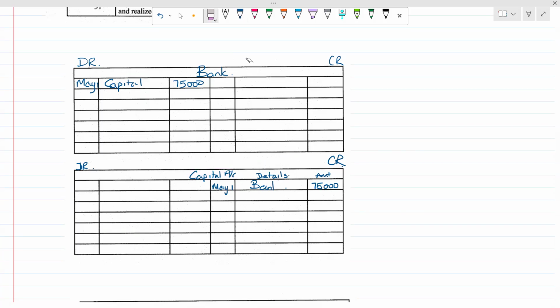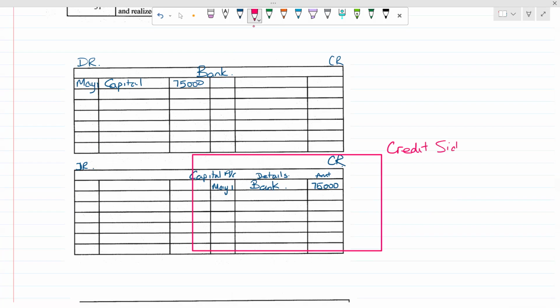When you're crediting something, you write it on the credit side. And if you're debiting something, it goes on the debit side. Right. So if we're crediting capital, this is the credit side, yes? Right. So this is the credit side. So did we credit the capital account?